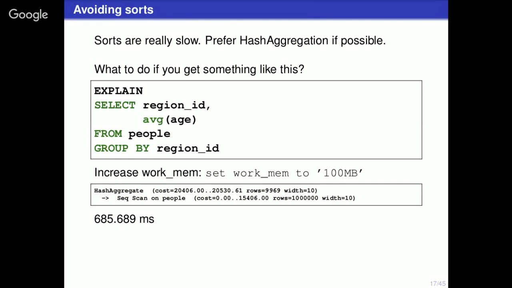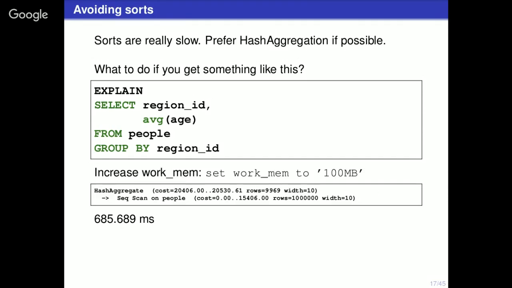Your PostgreSQL was configured with little work_mem, and your hash table for the state values could not fit the memory. That's why the planner chose the group aggregate plan.